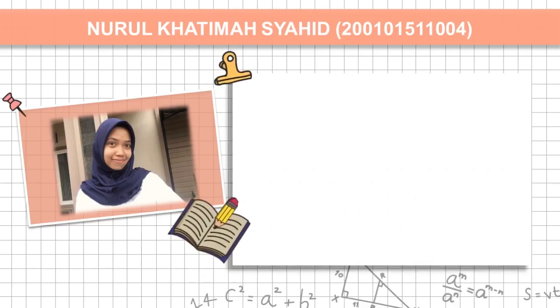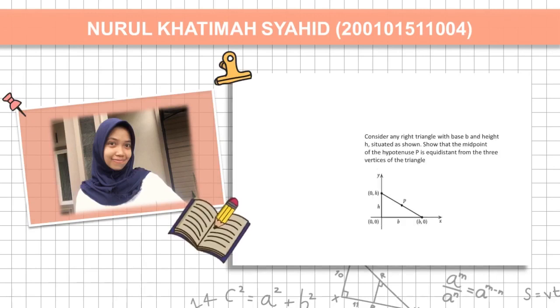Thanks for the opportunity given to me. I am Nurul Khatimah Syahid from Group 1 as the last speaker. Now I will explain the solution of question number 134 in exercise set 1.1, as shown in the picture.